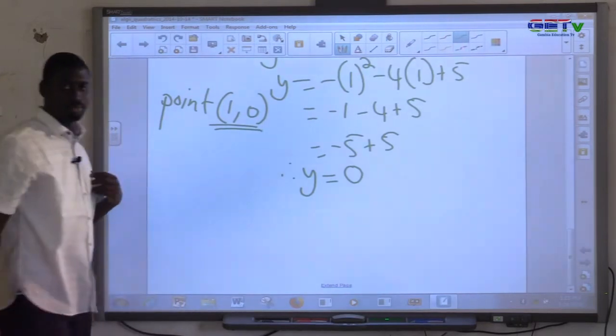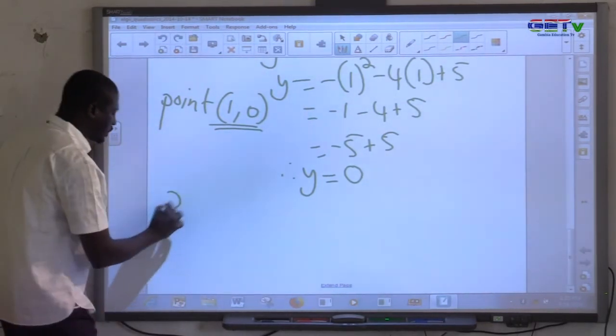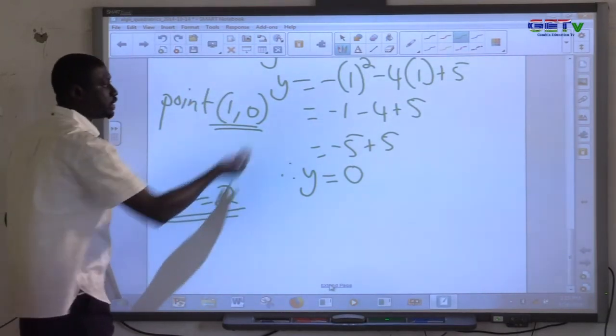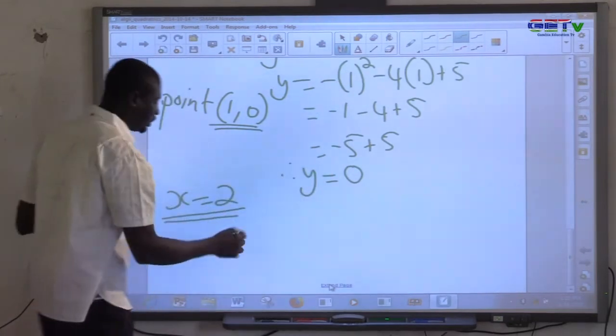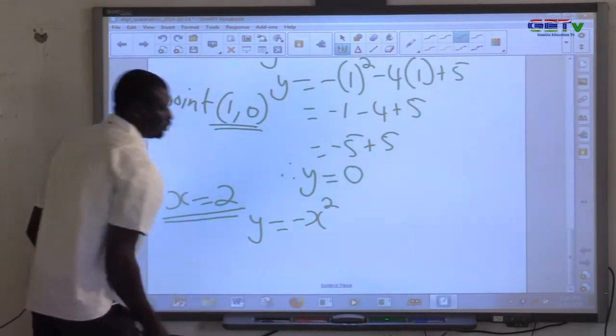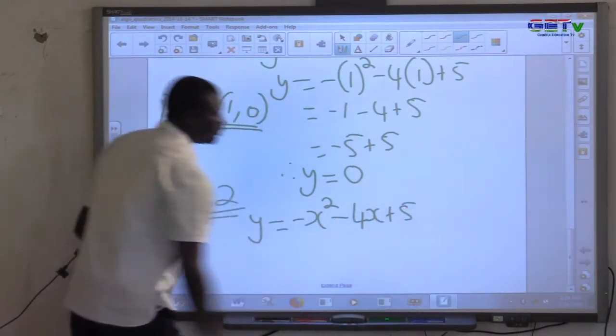It's very important. We choose another extra point. So when x is equal to 2, put this in the function, the same function. The function is the quadratic function, y is equal to negative x squared minus 4x plus 5.